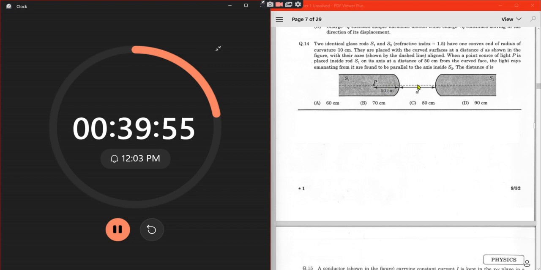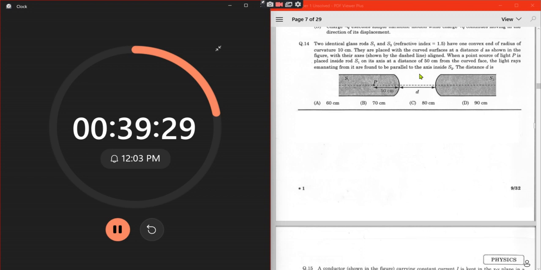And d, what is it? Oh, we have to figure out d. I should have taken R as positive, I mistakenly made it negative, so it should actually be 1 upon 20 in that case: 1 upon 20 minus 3 upon 100, so 5 minus 2 upon 100, v equal to 50.